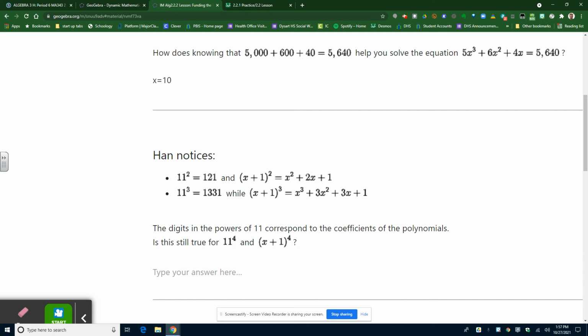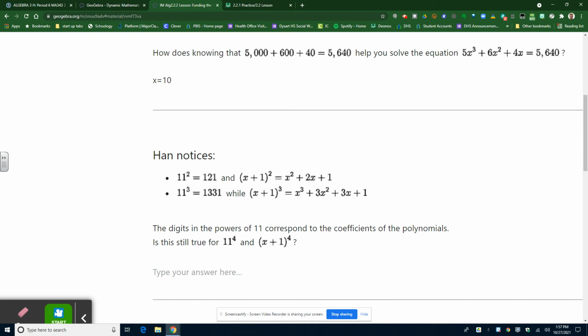So I'm actually going to do this a little bit different. First I want you to find 11 to the 4th power, in decimals. First we're going to go one direction, then we're going to go back the other. So find 11 to the 4th power.